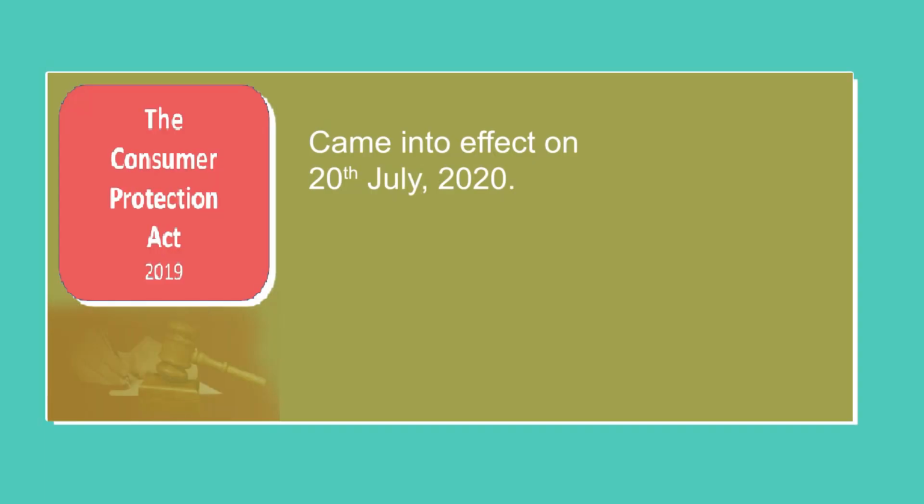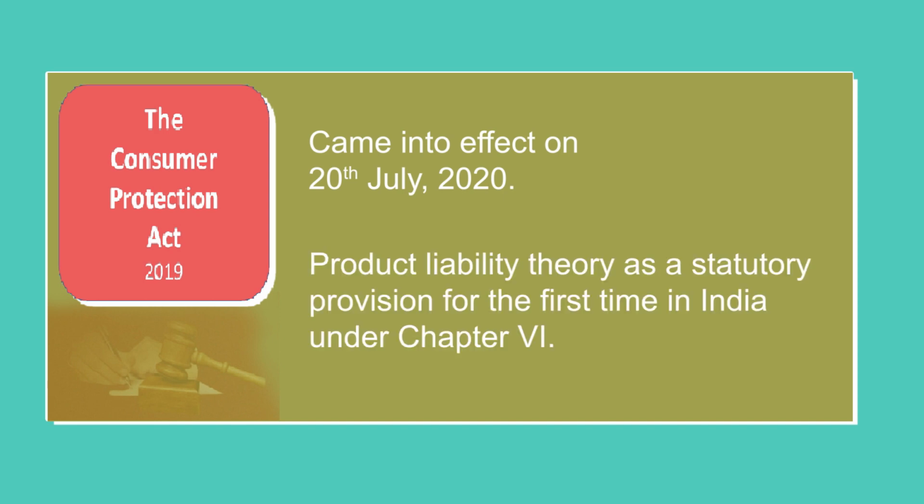The Consumer Protection Act of 2019 replaced the erstwhile Consumer Protection Act 1986, and it came into effect on 20th July 2020. This Act incorporated the product liability theory as a statutory provision for the first time in India under Chapter 6 of the Act.